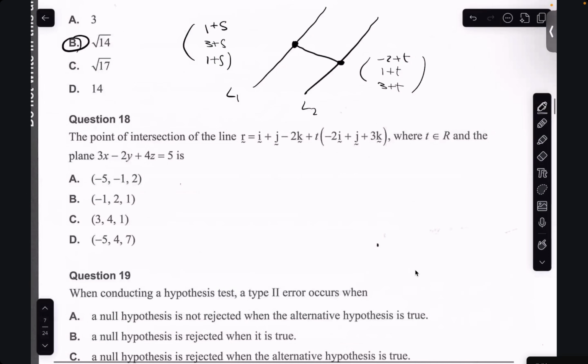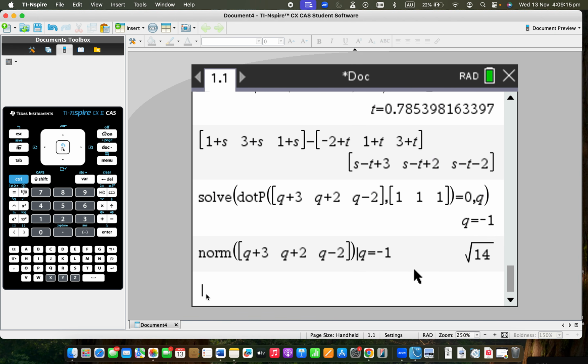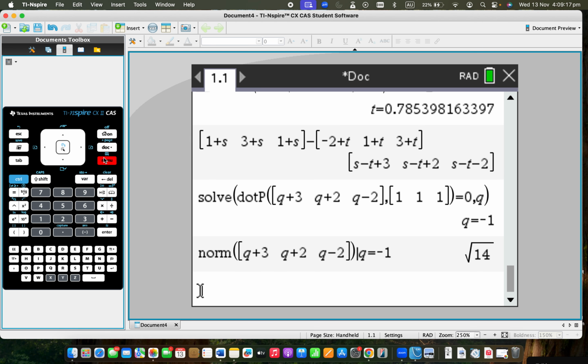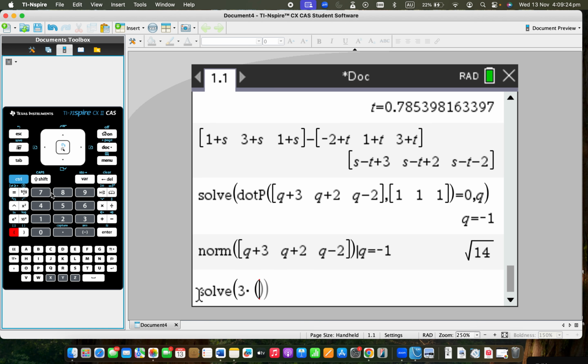The point of intersection of that line and the plane is... So what we can do is plug in all of those things. So we can do a solve, and we've got 3 times x. Now what's x? x is 1 minus 2t, minus 2y. Now what's y? y is 1 plus t, and then plus 4z.